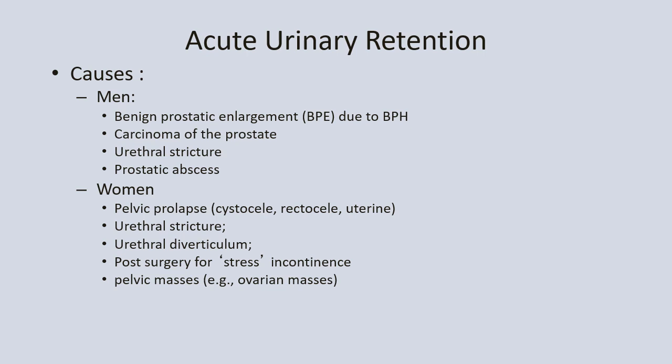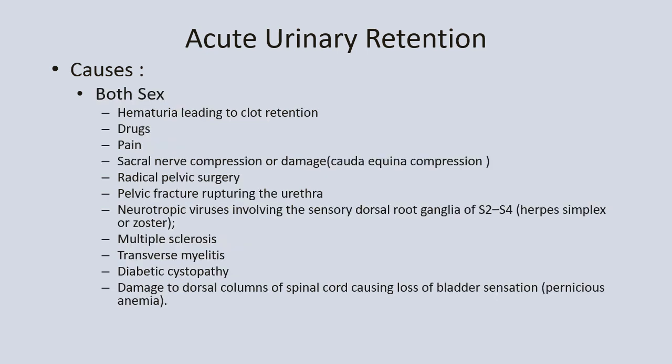Also consider pelvic masses, so any masses specific to the female genitalia as well as reproductive organs. And there are also several different causes that are unrelated to sex, so they can occur in both sexes, and there's a list here, and you can read it at your own leisure.